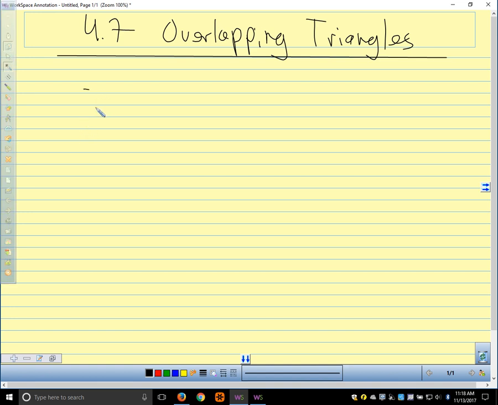So in general, what you need to do when we have overlapping triangles is figure out what information we have or what triangles we're looking at. So figure out which triangles are important.